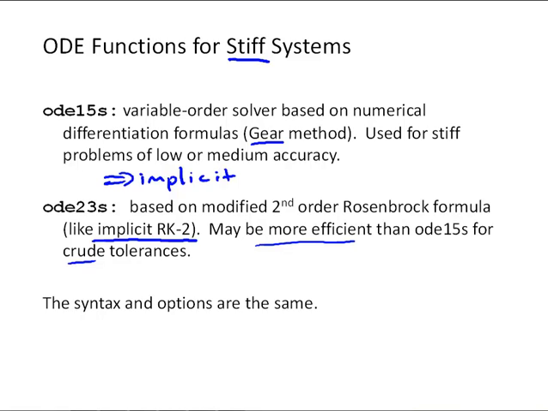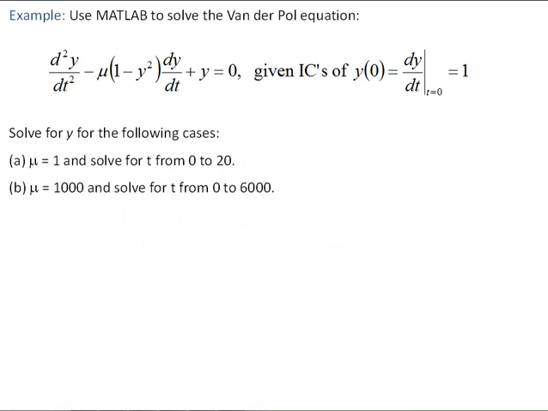So to see an example of that, let's look at this example using the van der Pol equation, and we'll solve for y in the van der Pol equation for the following two cases. For the first case, with mu equal to 1, we'll solve for t from 0 to 20. And for the second case, with the parameter mu equal to 1,000, we'll solve for t from 0 to 6,000.